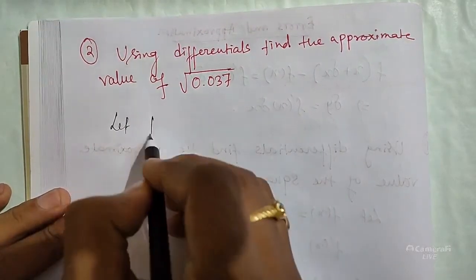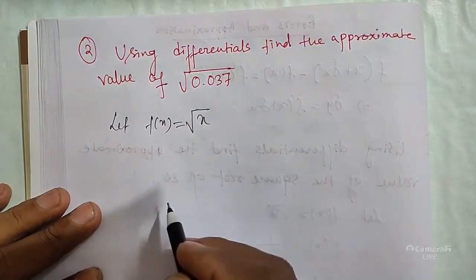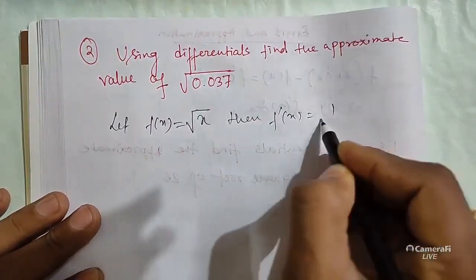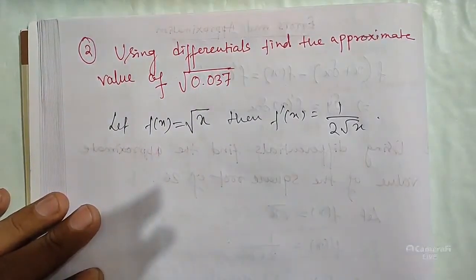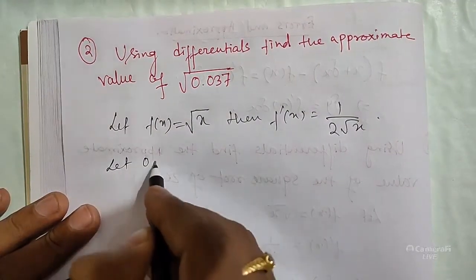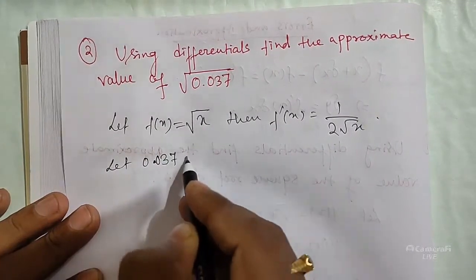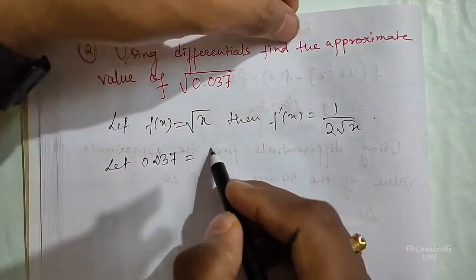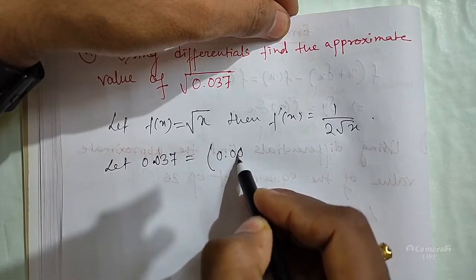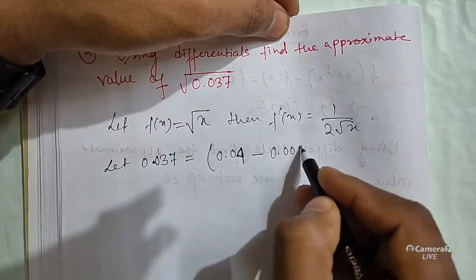So let f(x) = root x, then f'(x) = 1 by 2 root x. Let 0.037 = 0.04 − 0.003.